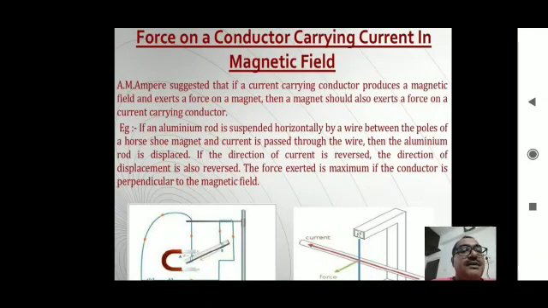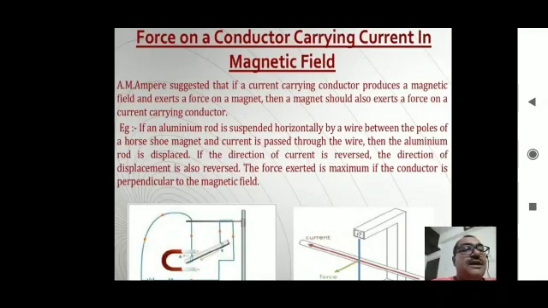It means that first we arrange all the apparatus, then we switch on the battery, and when we bring the magnet nearby, the rod will be displaced. Now students, if we change the terminals of the battery, then the direction of current is also reversed. It should move, but it moves in the opposite direction.